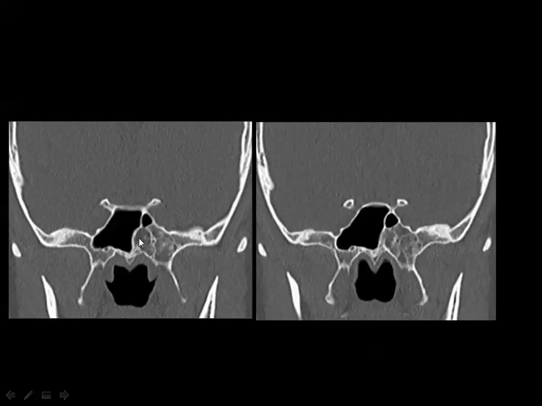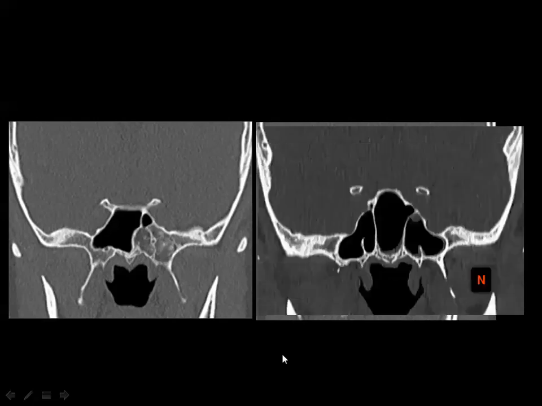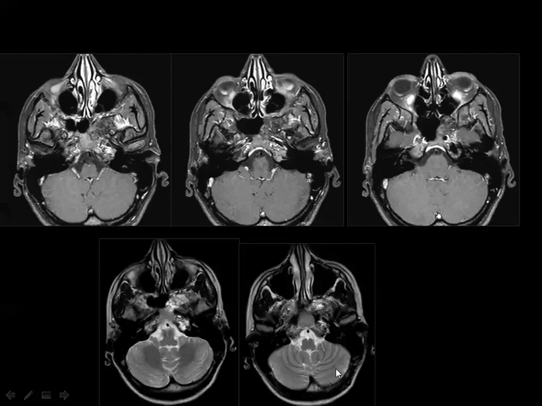Another example showing arrested pneumatization to the left side of the sphenoid sinus, with only this part pneumatized. This is the normal appearance by CT.